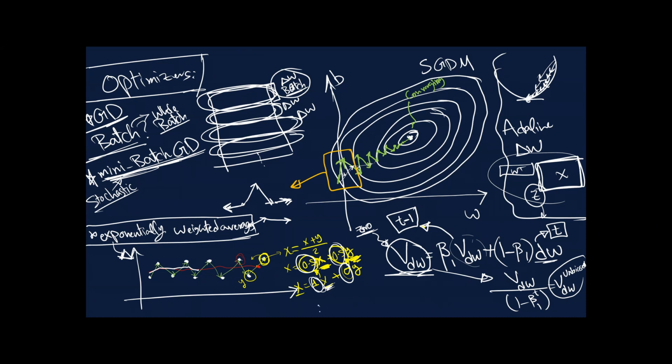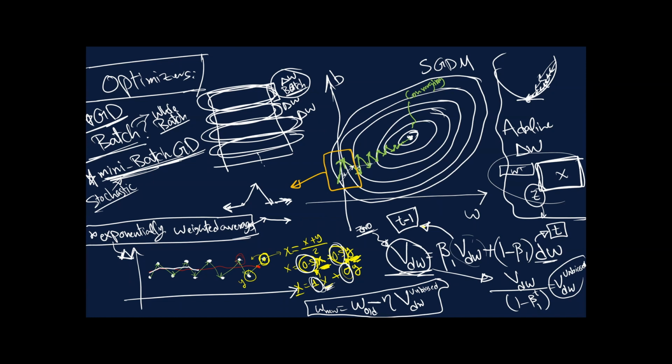The weight update is simply W new, which will be W old minus, and instead of using eta times what we used here, which was the derivative of the cost, the slope, we will be using VdW unbiased. And that's how we would update our weight.